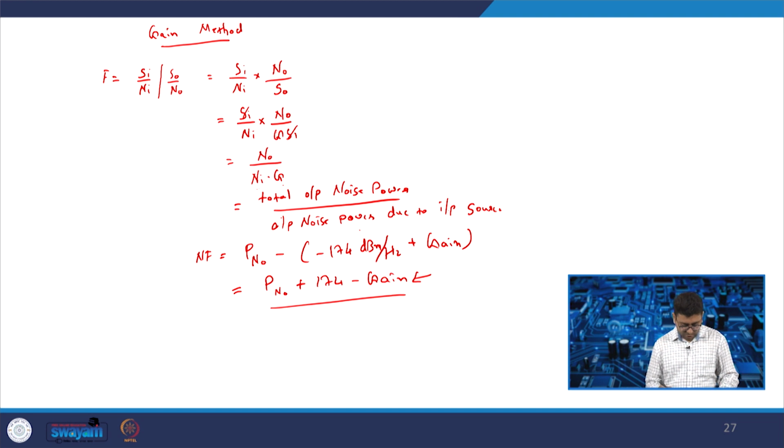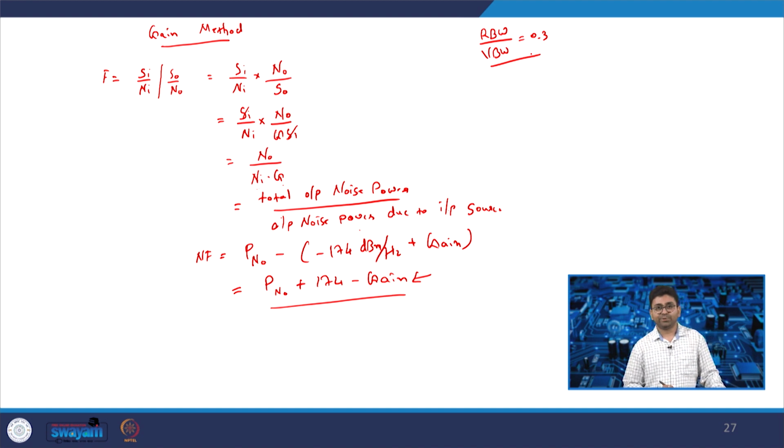To get accurate analysis as per the design guideline, your resolution bandwidth by video bandwidth should be around 0.3 when you are using a spectrum analyzer. If you keep it roughly around 0.3, your noise floor is much below and your analysis will be accurate.